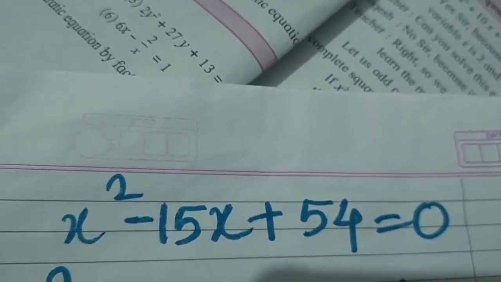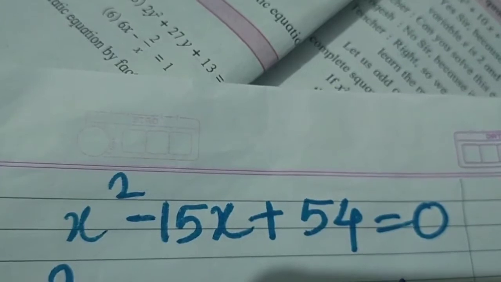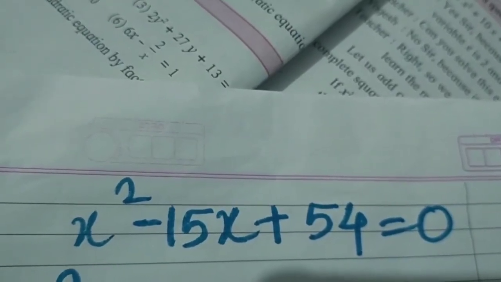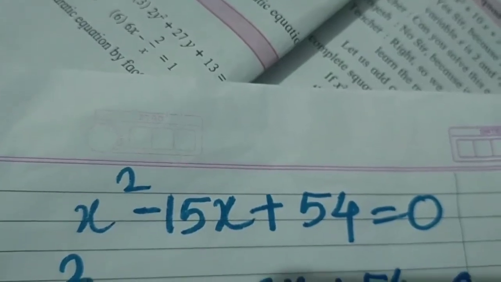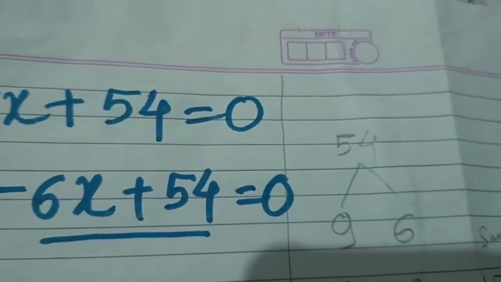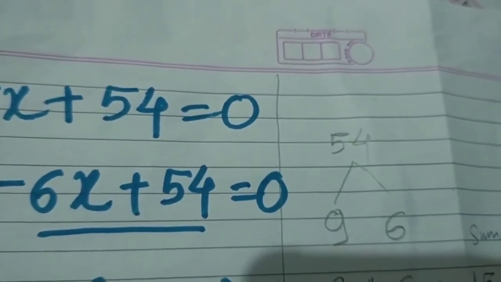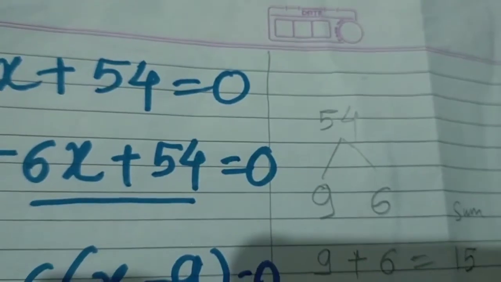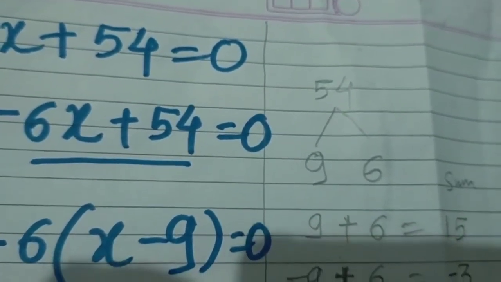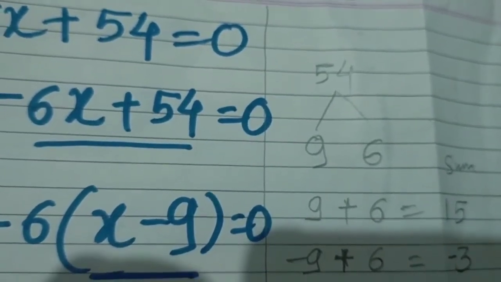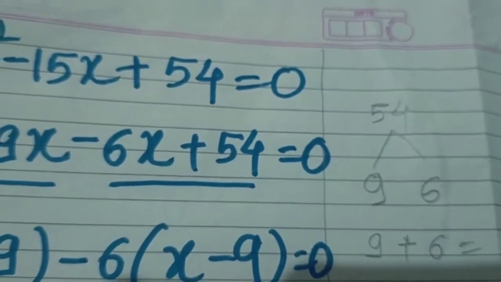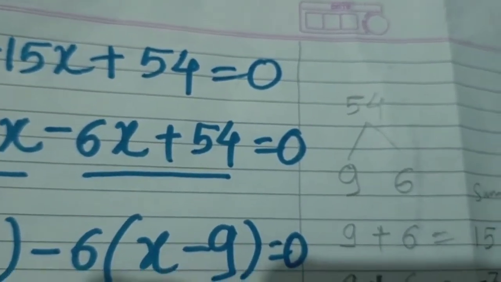We have to find two numbers in such a way that their sum is equal to the coefficient of the middle term. For that we write the constant term here, and the factors of 54 are 9 and 6. When we give a positive sign to both numbers, we get 9 plus 6 is equal to 15. But we want the sum to be minus 15.